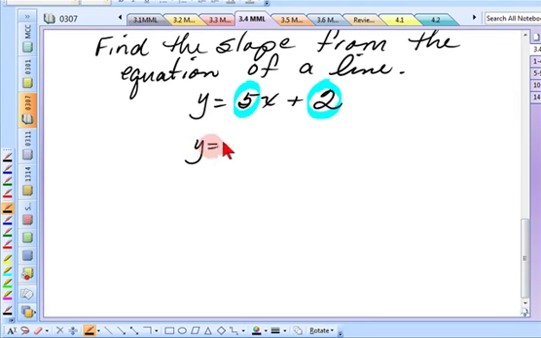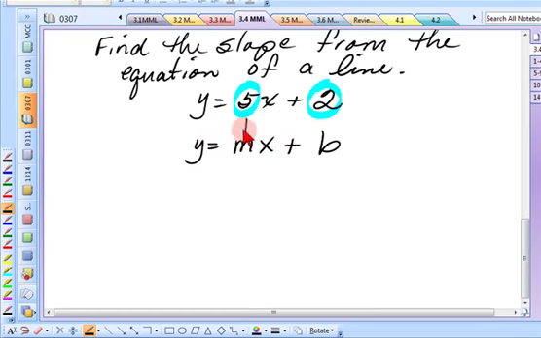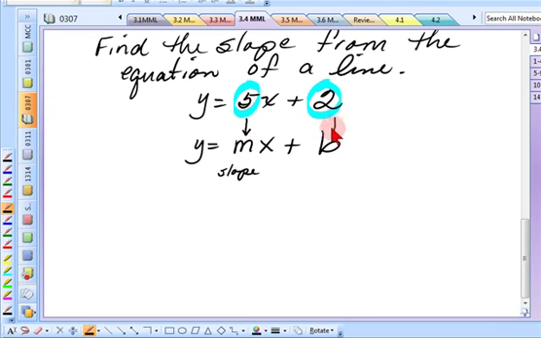The form that we're looking at is y equals mx plus b. The 5 is the slope of the line. The 2, and we talked about this last week, is the y-intercept.